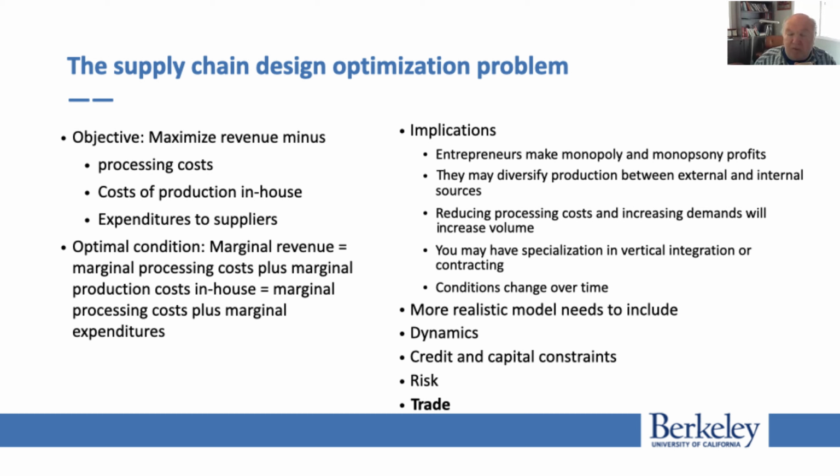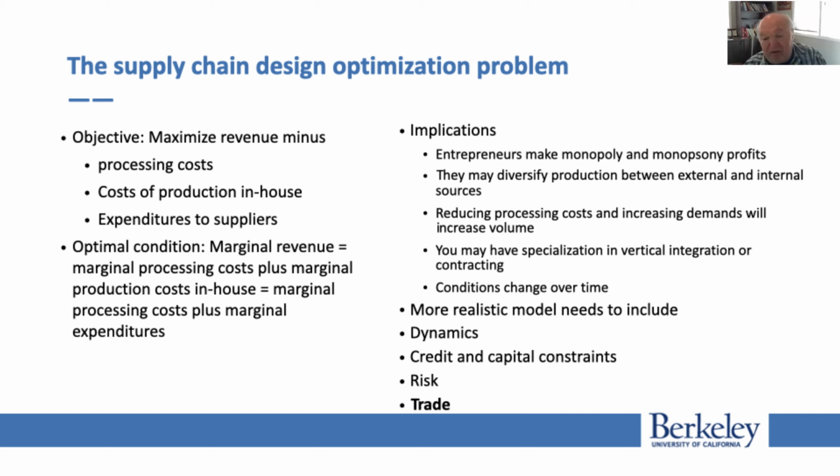And then you have to decide how much you produce yourself, how much you buy from others, and you do it in a way that at the last unit, the cost will be the same. So for example, if in general it will be more expensive to produce in-house, you will buy mostly from others, but you may produce some small quantity in-house that will be expensive and also will give you knowledge about how the product is produced.